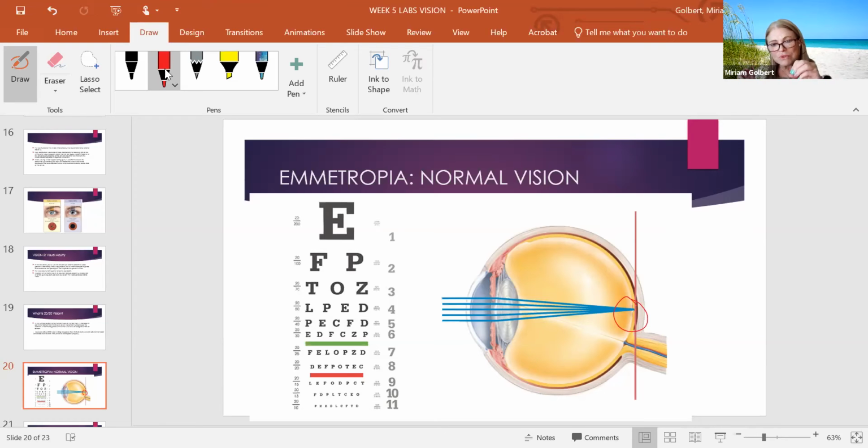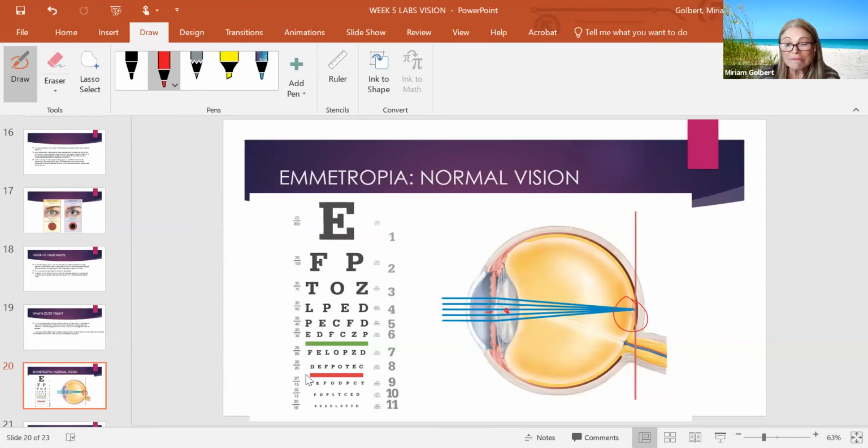They're going first through the pupil, right? Then the lens, and ultimately they're all converging on the retina. So that's what is considered normal vision. Normal vision is called emmetropia. Emmetropia.